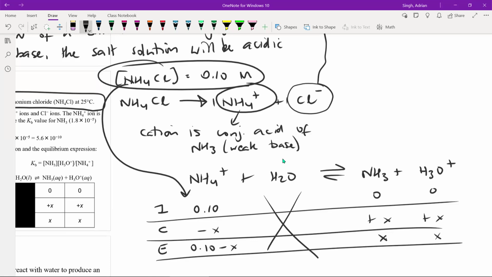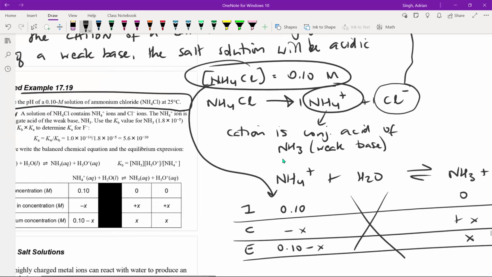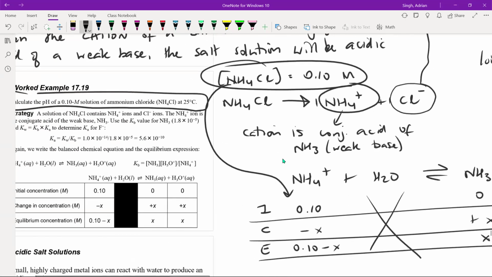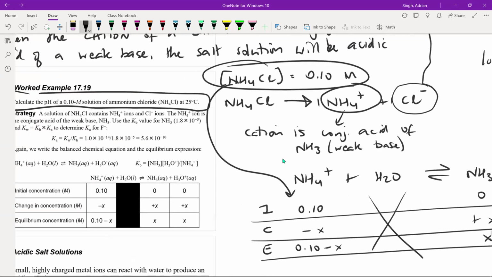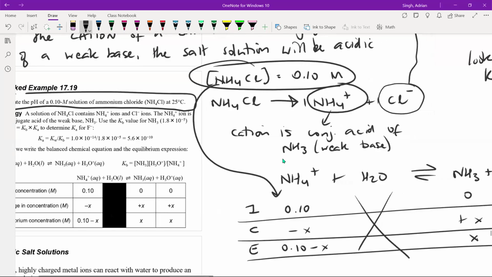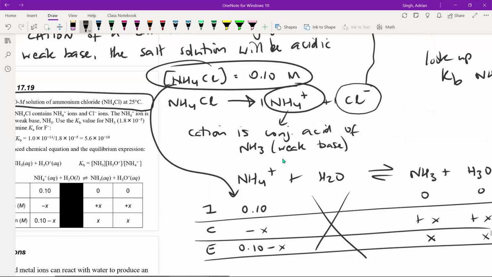We can look up the Kb value for NH3, since that's the conjugate base. Let me check my table: the Kb value for NH3 is 1.8 times 10 to the negative 5.